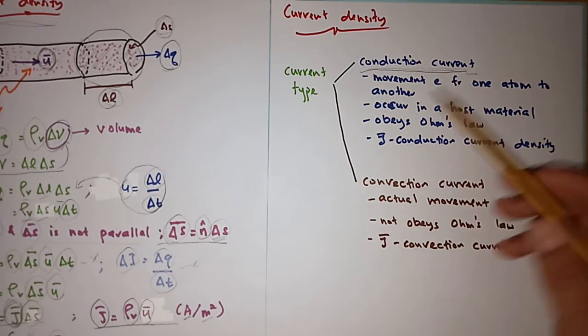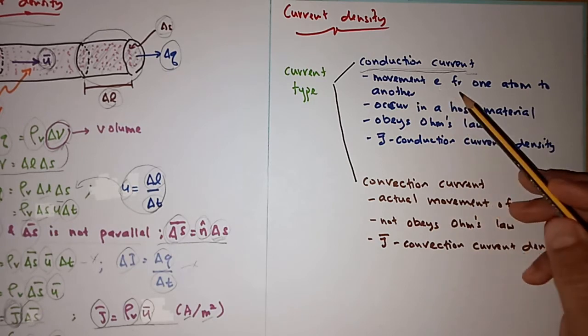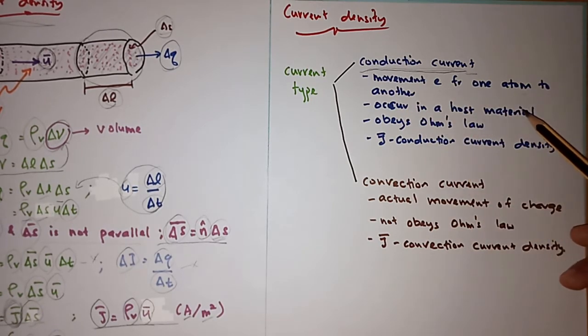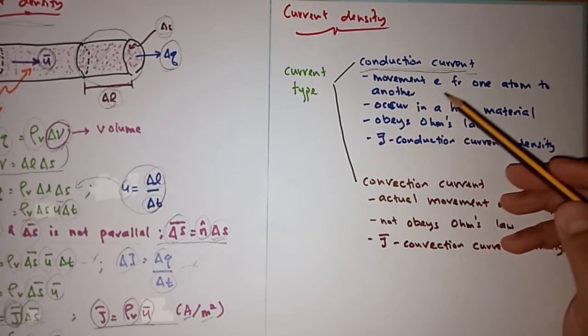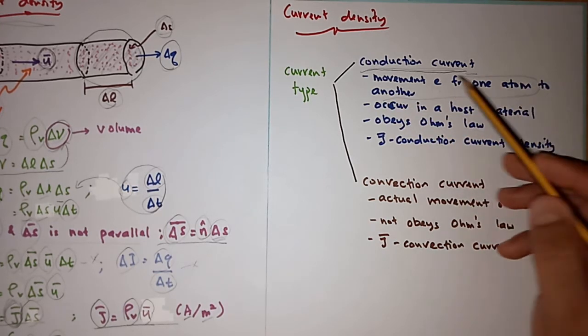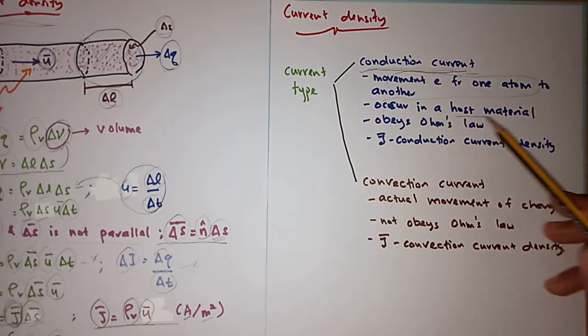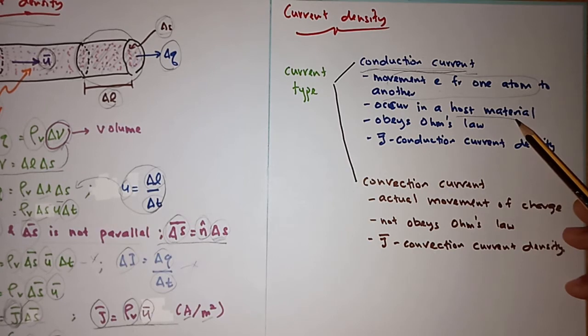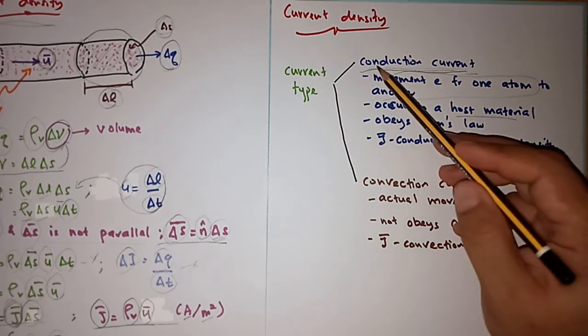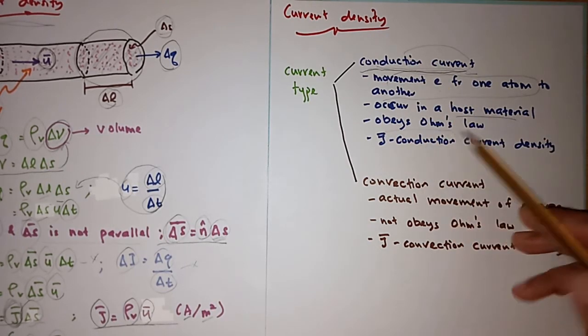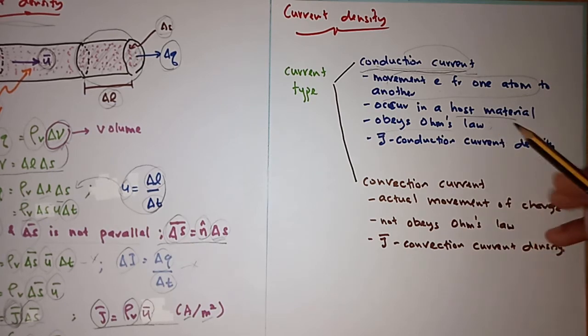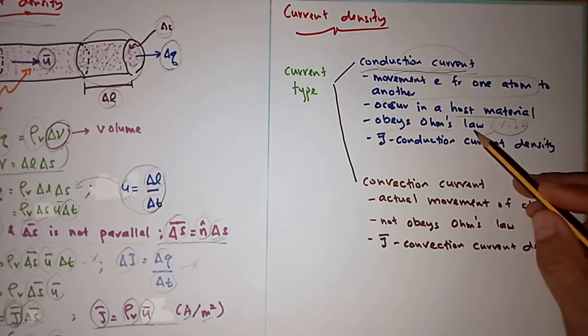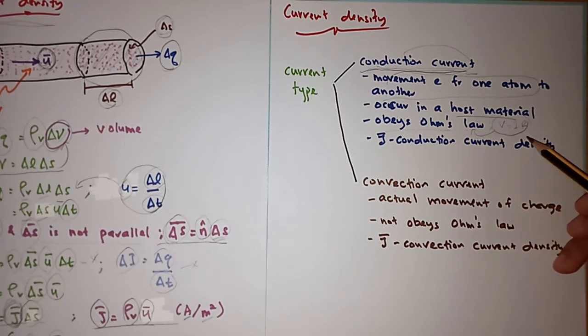This current is due to the movement of electrons from one atom to another. Normally that condition happens in a host material, which we call a conductor, and that current obeys Ohm's law. In circuit theory, we have V is equal to I multiplied by R, which is the equation that represents Ohm's law.